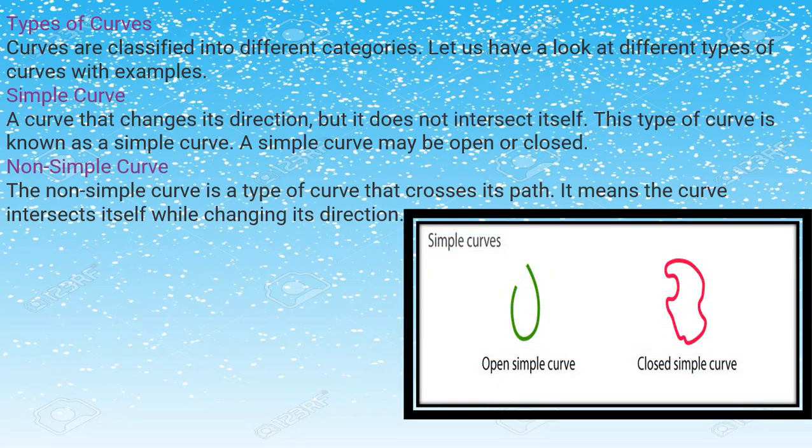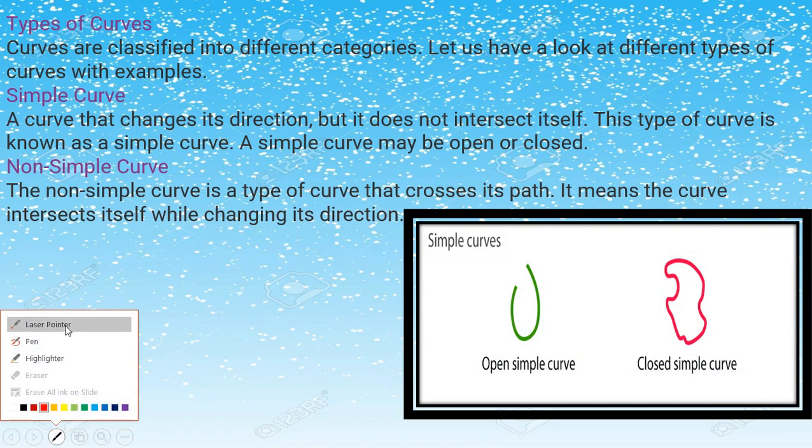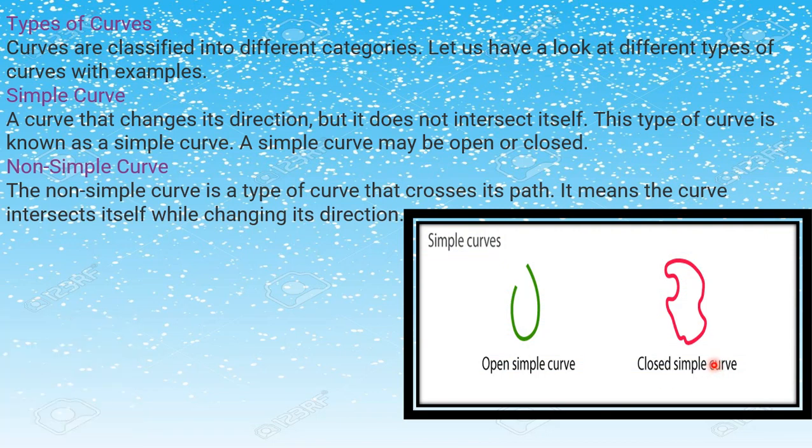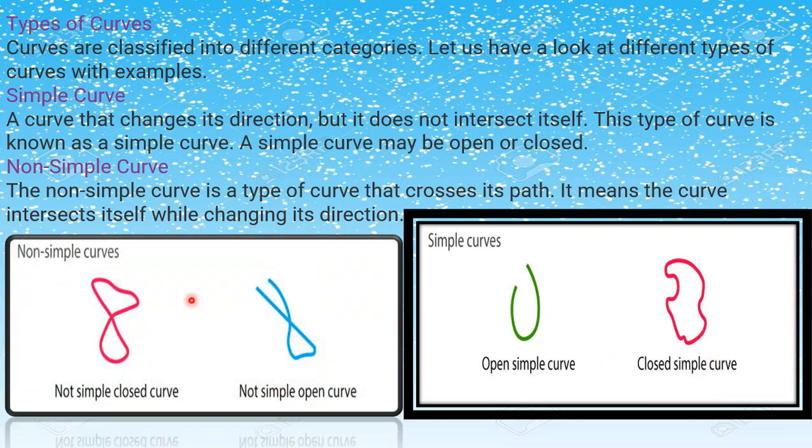Here by this image we can understand this is an open and simple curve, whereas the second is closed but it is also a simple curve. Here these two figures are non-simple curves, as they are intersecting themselves.